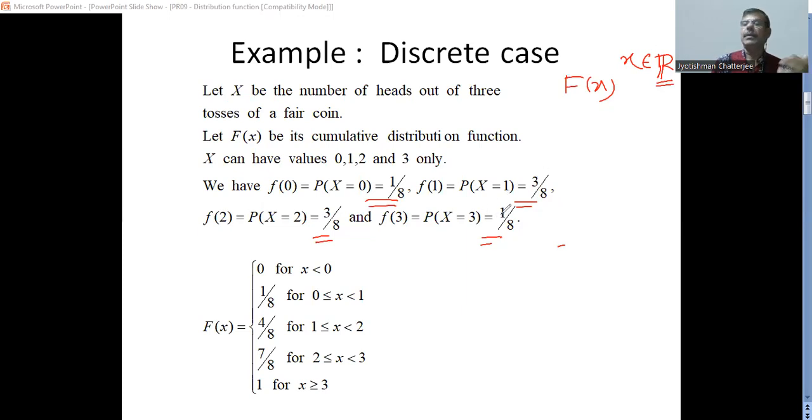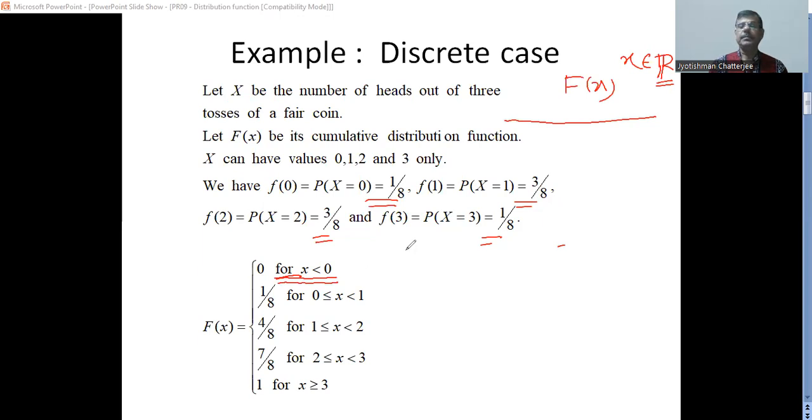Then we can write down the functional form of capital F. So let's divide the real number line into several components. Let's take one part, namely when x is less than 0.